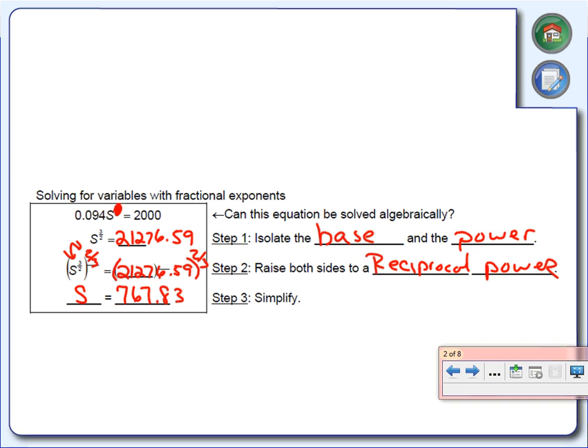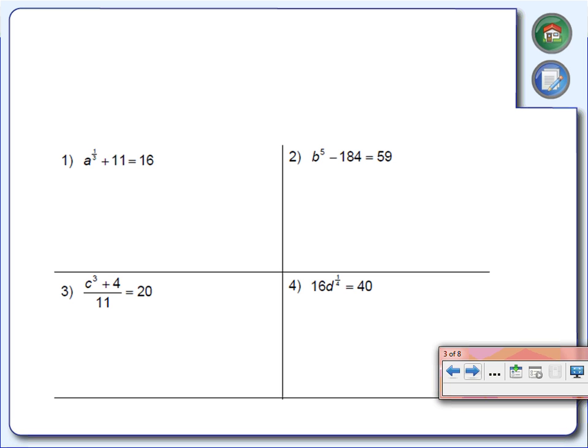So the solution to this equation is s is equal to 767.83. So what we're going to do is treat it like we would a typical equation, but at the very end, in order to get rid of that exponent, we're going to have to raise it to the reciprocal power. That's really the only thing different about these type of equations compared to some of the others that we've seen in the past.